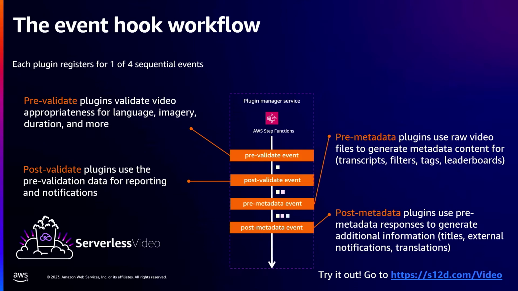And then finally, we have a post-metadata event hook. These are for things like titles and external notifications and translations. And this is how we were able to scale out the functionality of Serverless Video, an application we built in only a couple of months, by allowing various speakers at re:Invent to extend the functionality using this emit and wait pattern.